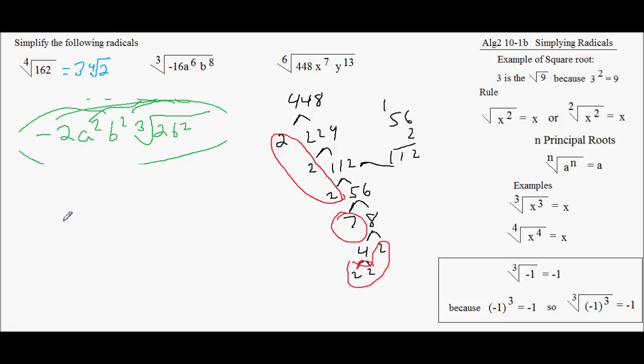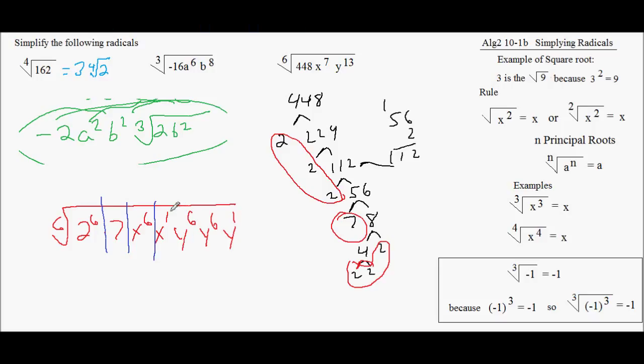So I have the 6th root of 2 to the 6th times 7, x to the 6th times x to the first, and y to the 6th, y to the 6th, y to the first. Now I'm going to cancel. I'm going to split these by themselves, and this one by itself here.